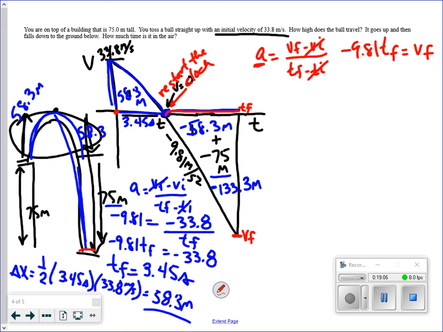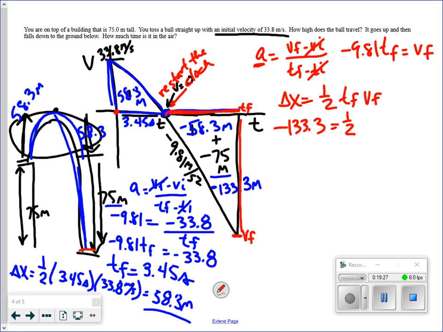Let's do my delta X. Let's do my area. All right, so 1/2 my base, there it is, it's TF. My height is here, it's going to be VF. I don't know either one of those, but I do know the area of my triangle. It's 133.3 equals 1/2.